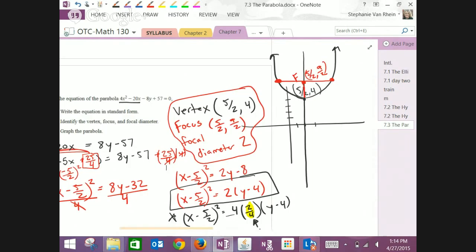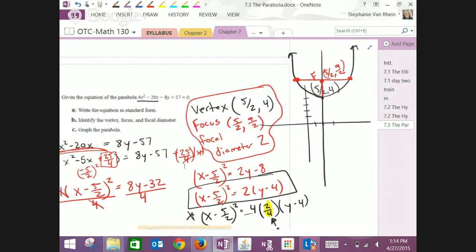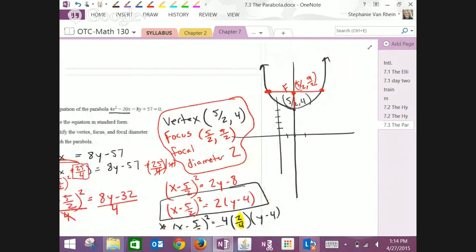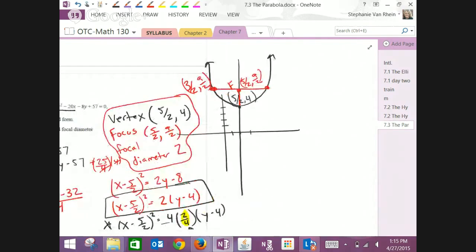They don't ask for the endpoints, so I'm not going to necessarily graph them there. But they would be 5/2 minus 1, which would be 3/2, comma 9 over 2, because my y is not changing. 5/2 plus 1, 7/2, comma 9 over 2.